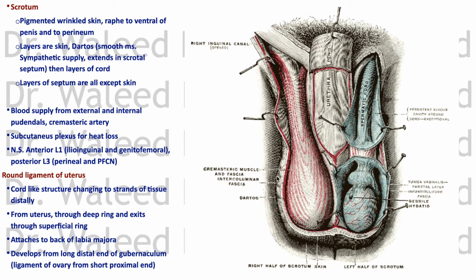The layers of the scrotum are the skin, and then the continuation of Camper's fascia. Remember, Camper's fascia becomes the dartos muscle, which is supplied by sympathetic supply in the wall of the scrotum. And all the layers, by the way, extend into the septum except for the skin. This was a multiple choice question about the layers of the septum of the scrotum.